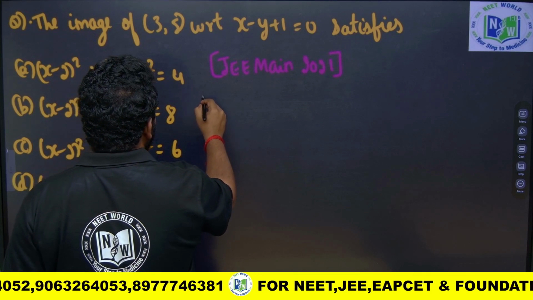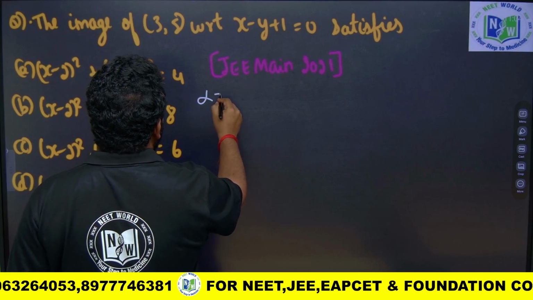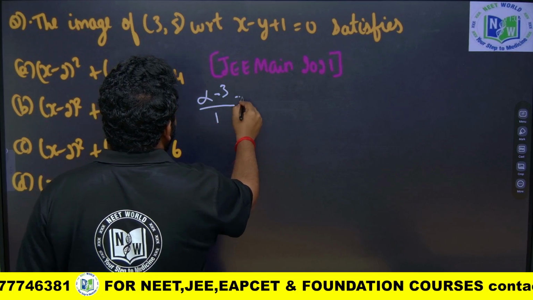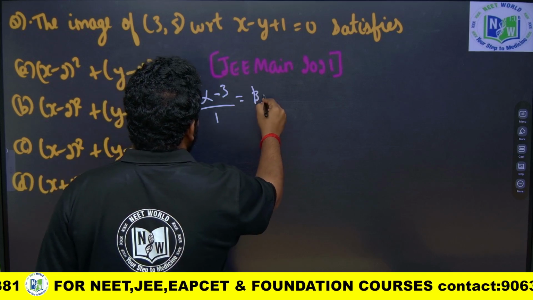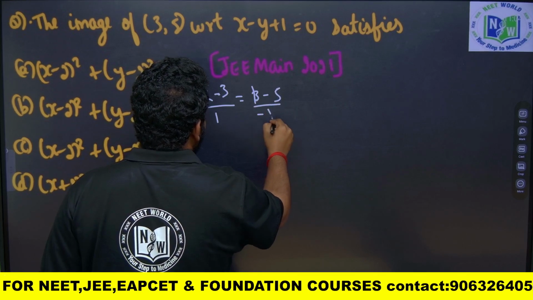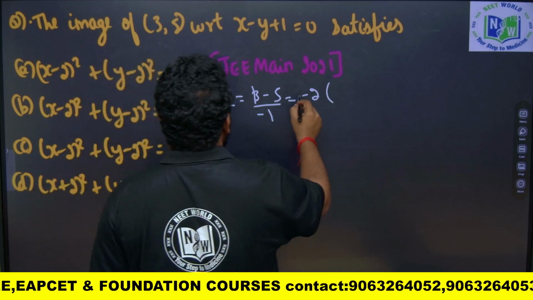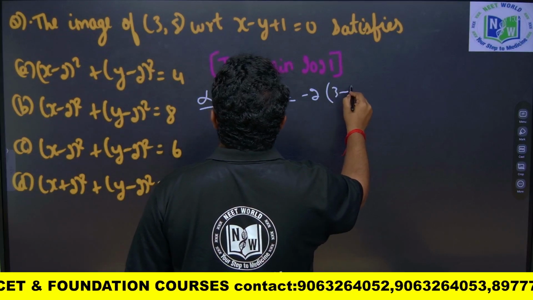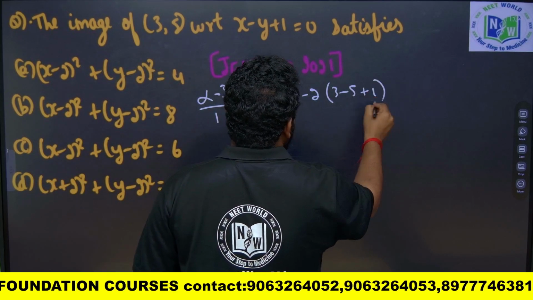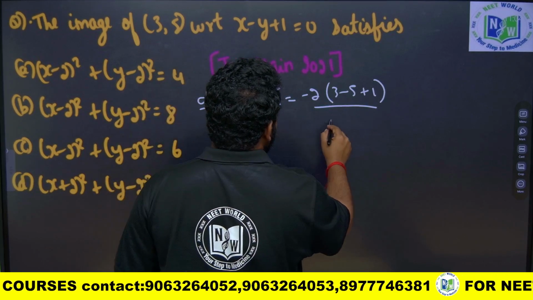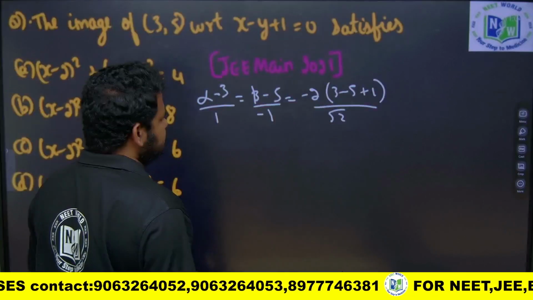Let me take this as alpha minus 3 by 1 is equal to beta minus 5 by minus 1 is equal to minus 2 into (ax1 plus by1 plus c), that is 3 minus 5 plus 1, divided by a square plus b square. A square plus b square is 1 square plus 1 square, that is 2. Okay, this is what we get.